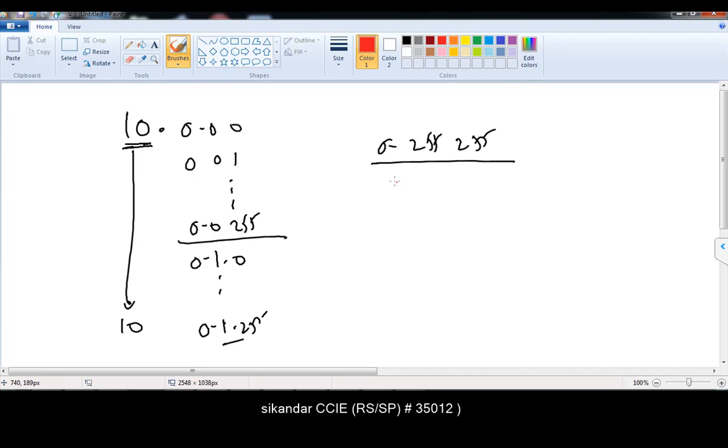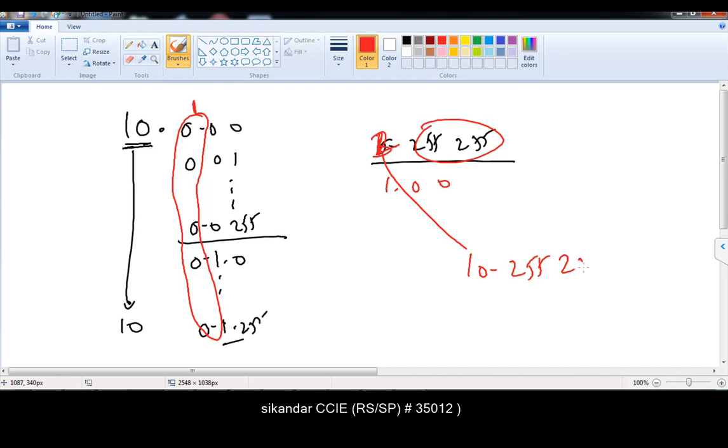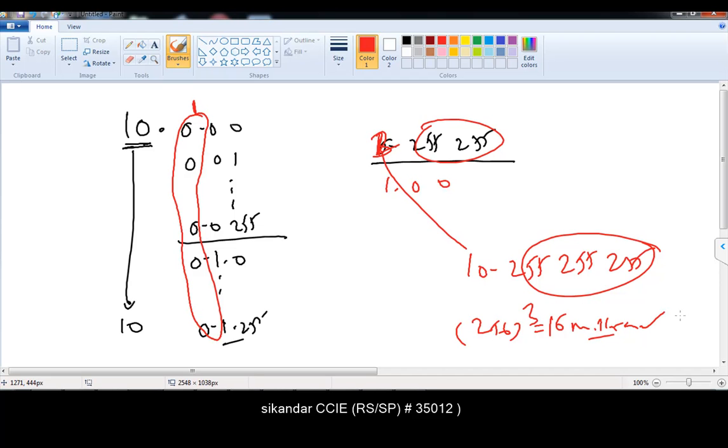Once I finish this, I move on to 1.0.0, finish that part, similarly 2, 3, like that till you get 10.255.255.255. That means you get 256 cubed addresses, more than 16 million. The exact number is 16,777,216.